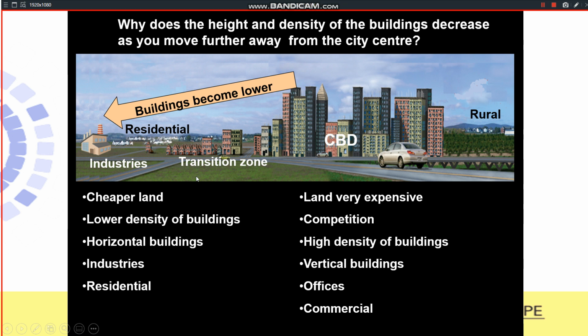So you can see clearly that what we have in front of you is a picture of how the CBD is structured, as well as the land use zones, which we are going to talk about now.